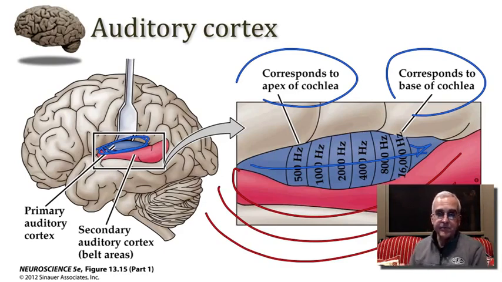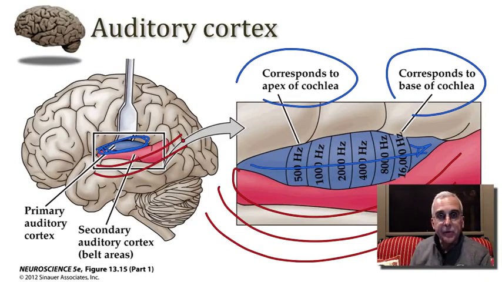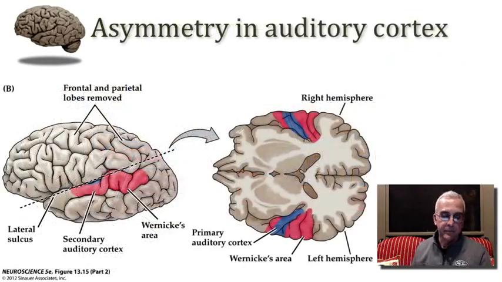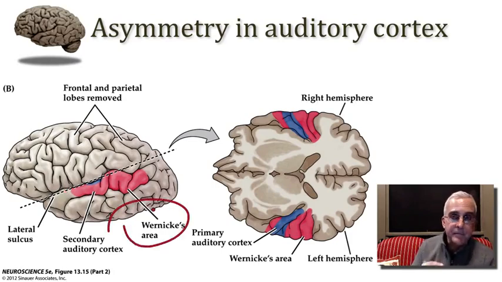And some division of this higher order auditory area includes what we call Wernicke's area. So somewhere in this auditory belt region, we have circuits that are essential for understanding human speech. Not just the spoken word, but also written human language. We call this region Wernicke's area.